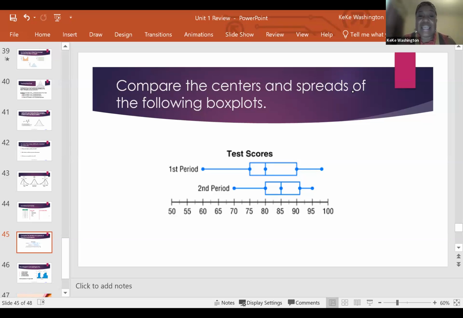But again, it's only giving you medians. It's giving you your 5-number summary because that's how we create the box plot. It's based upon the minimum, the 5 numbers that we were just looking at, Q1, the median, Q3, and the maximum. Between each of these numbers represents 25% of your data.